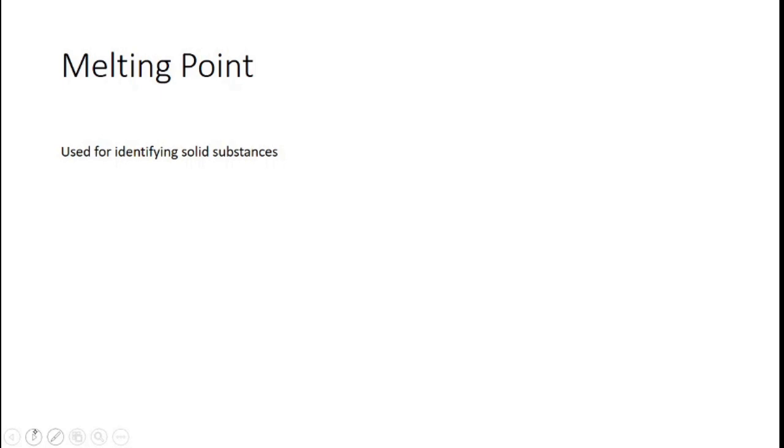And of course, the thing you're looking for is that you have a sharp melting point that tends to indicate that it is pure. A broad melting point means that it is likely impure, and then also the measured melting point should be in the same range as the reported or literature melting point.